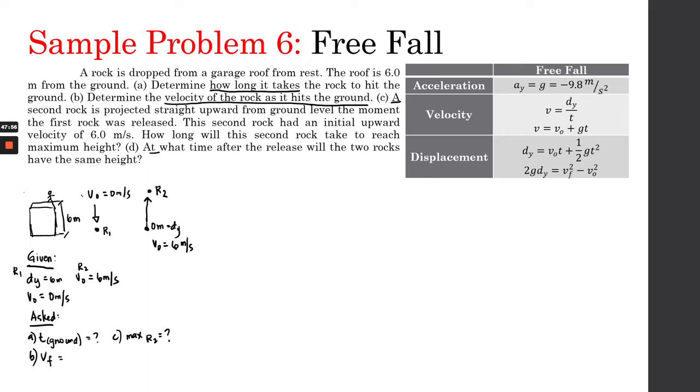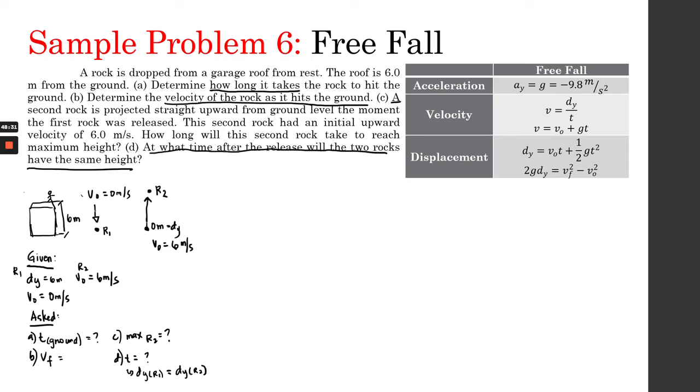And then D, at what time after the release will the two rocks have the same height? As for D, it's asking at what time will the distance for R1, the distance for rock 1, be equal to the distance for rock 2. So meaning as this falls and this goes upward, at what time will their distance be equal?